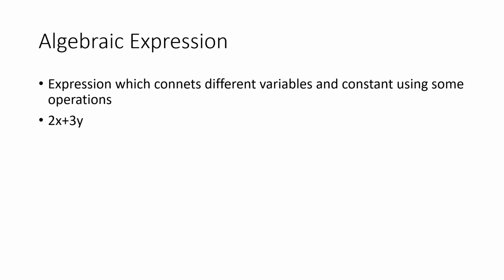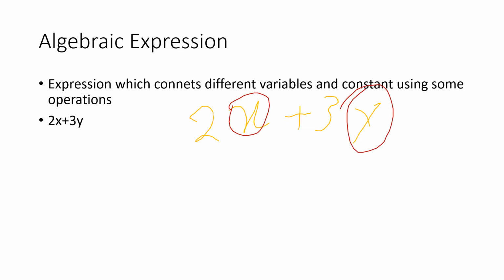Now we will define what algebraic expressions are. An algebraic expression connects variables and constants with each other. For example, we have 2x plus 3y. Let's say this is our variable and these are our constants. How are they connected? They are connected by some operations. What are operations?